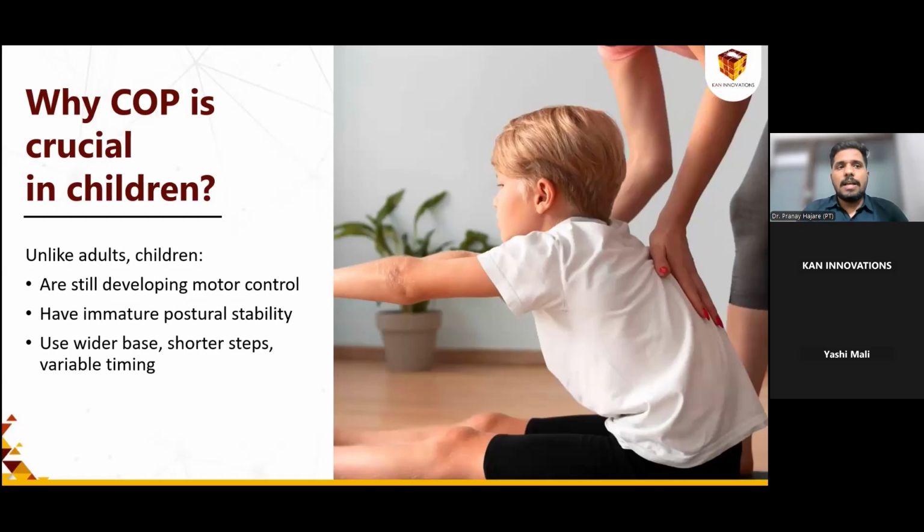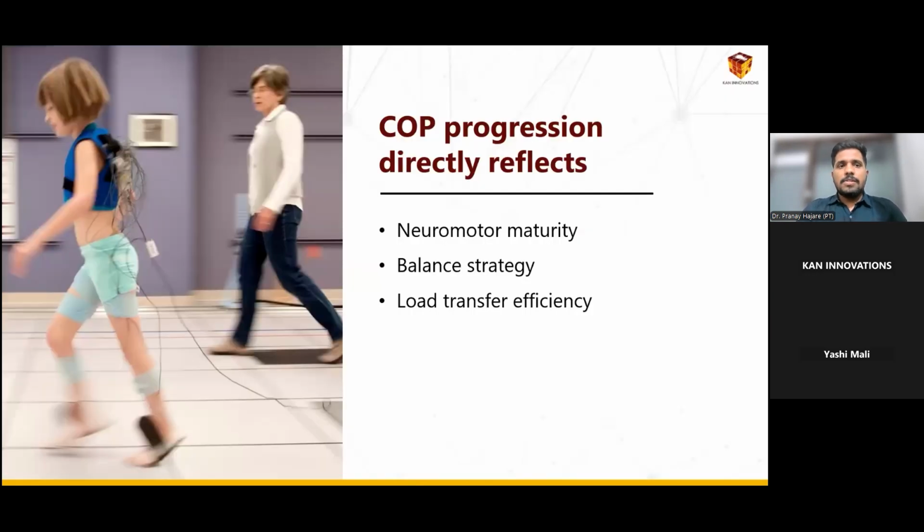So why is center of pressure crucial in children? Unlike adults, children have developing motor control and immature postural stability. They have a wider base and variable timing. COP progression directly reflects neuromotor maturity.